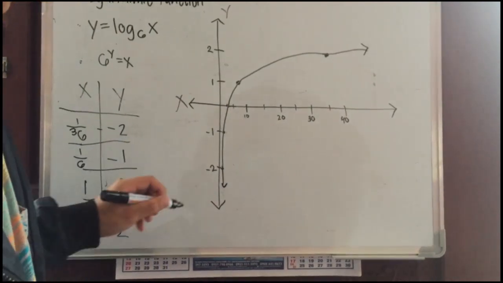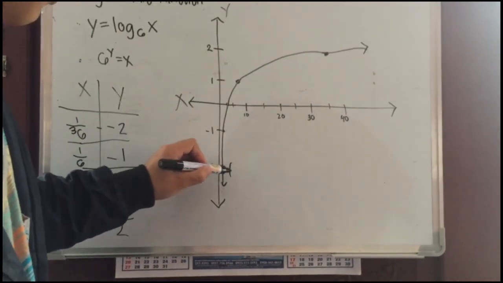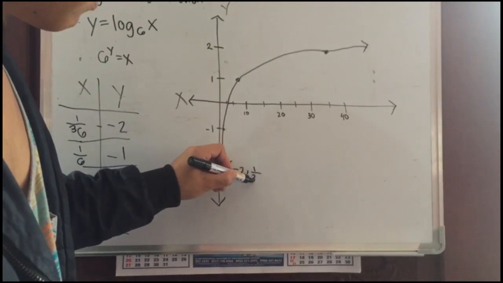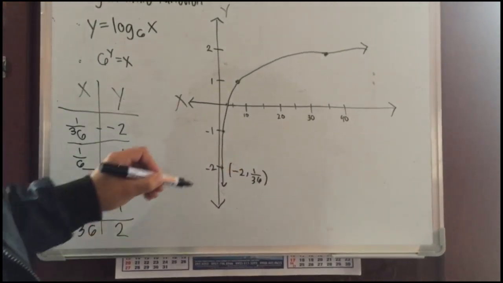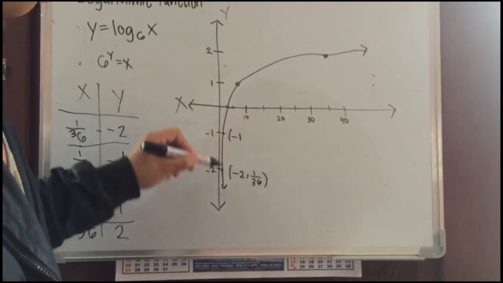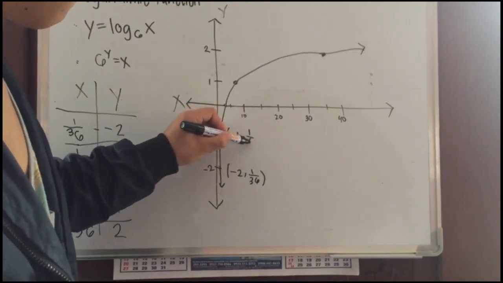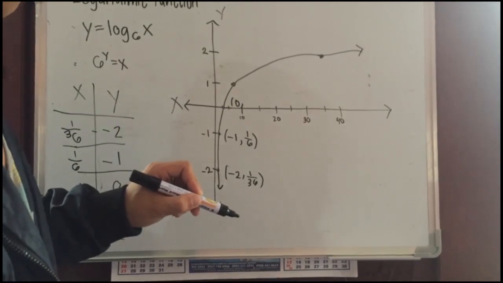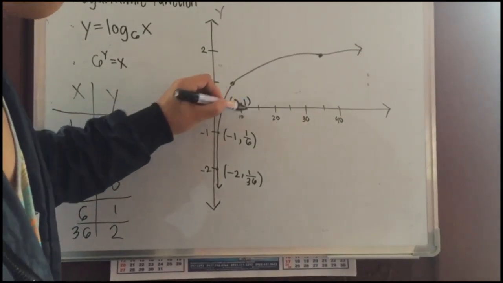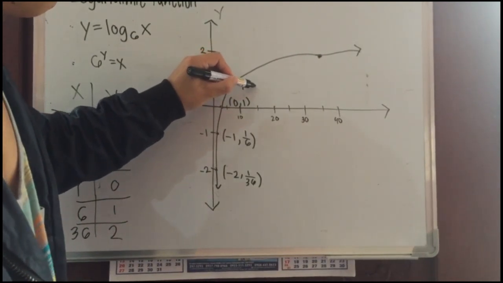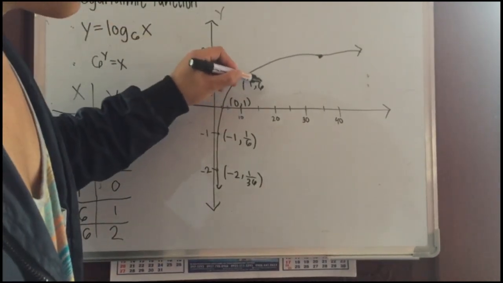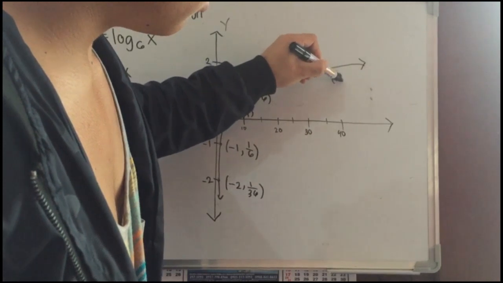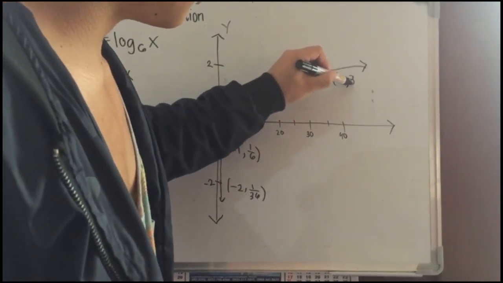And label each, sorry, negative 2. Then 1 is to 6 and 2 is to 36.